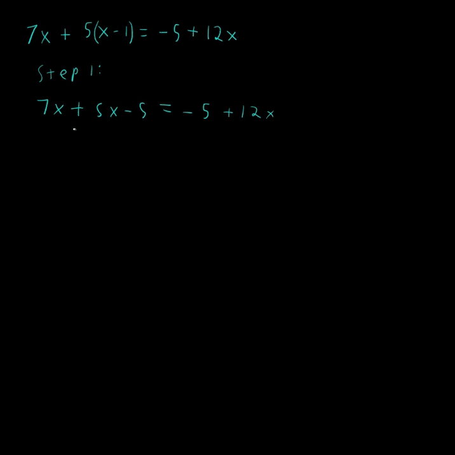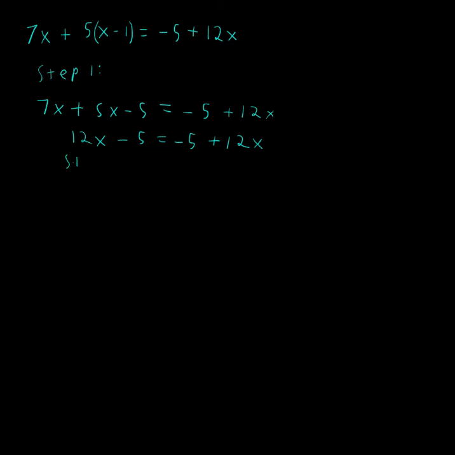We can further simplify this equation by combining our like terms, and we get 12x minus 5 equals negative 5 plus 12x. Okay, so now we have finished step 1. This is the simplified form of the equation.